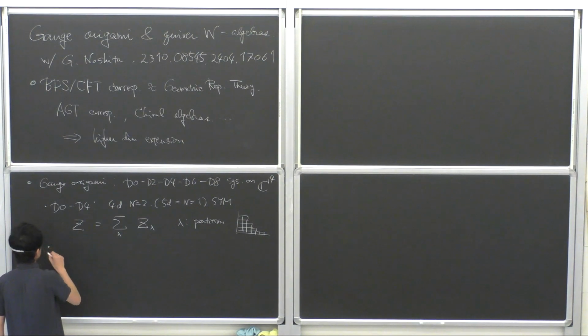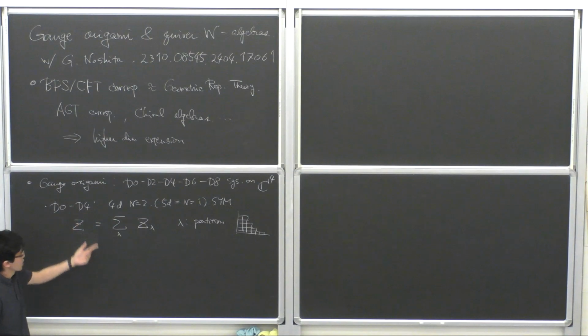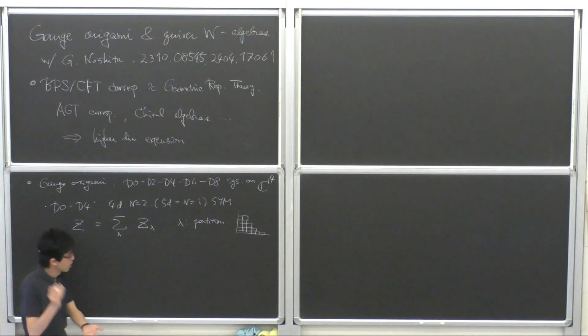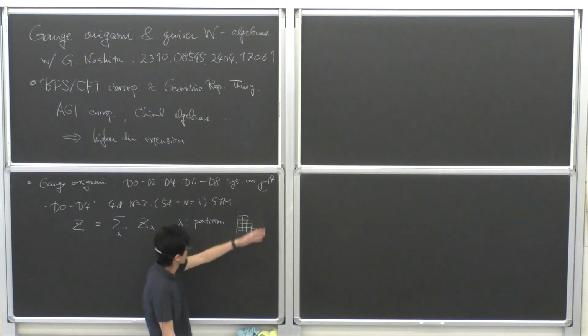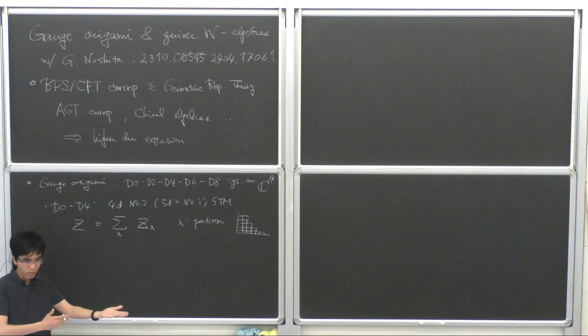And then the next example. Before going to this, for this D0, D4, D0 is a point particle, and D4 is living on, for example, C2. Now we have 4 directions. For example, this D4 is living on the first and the second complex plane.